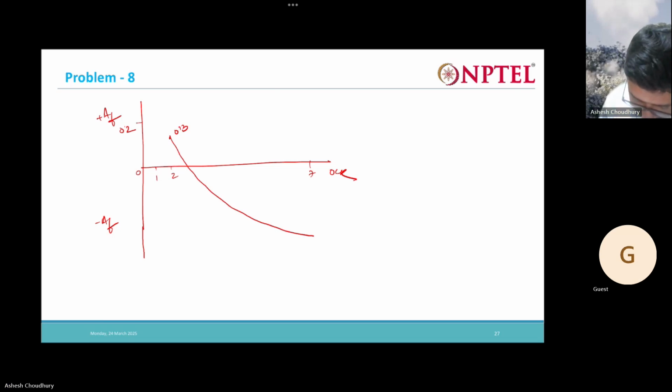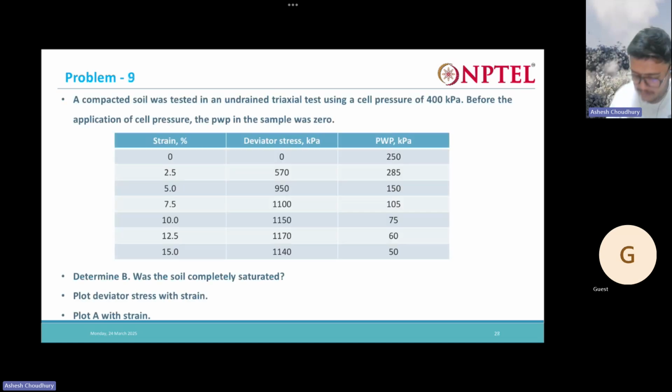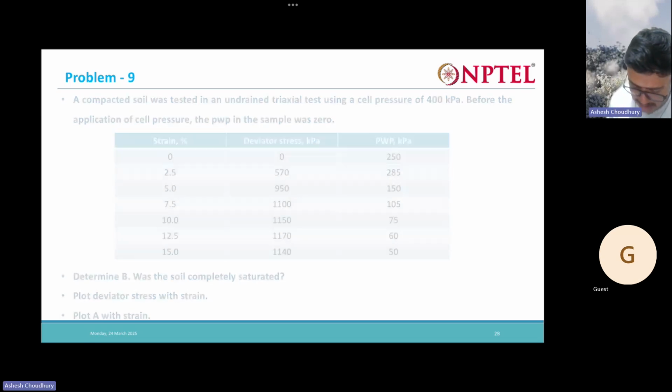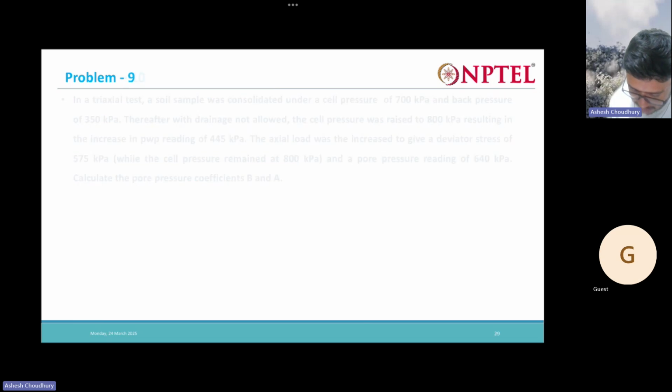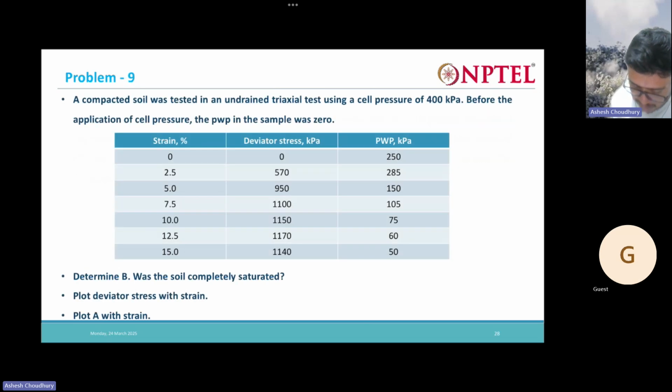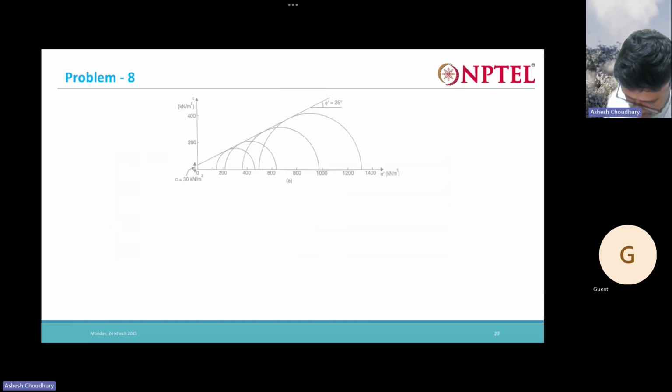For normally consolidated soil, it varies from 0.5 to 1, and for over consolidated it's from minus 0.5 to. So you can see we still have some positive values, but not that many. Let me show you.